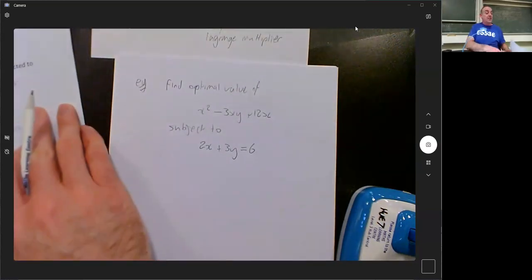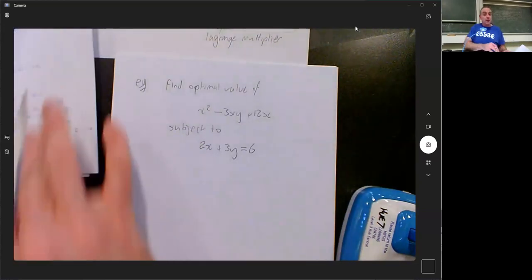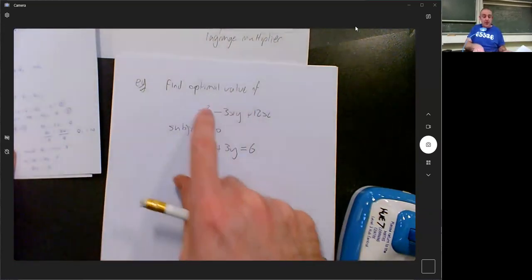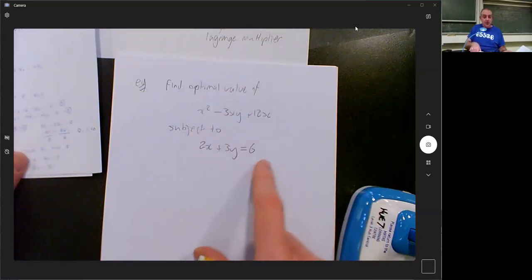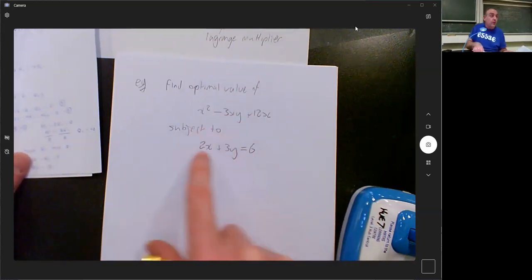So this is our classic optimization problem. This is the u that I was referring to. You could call it f, and this is the phi they were referring to.